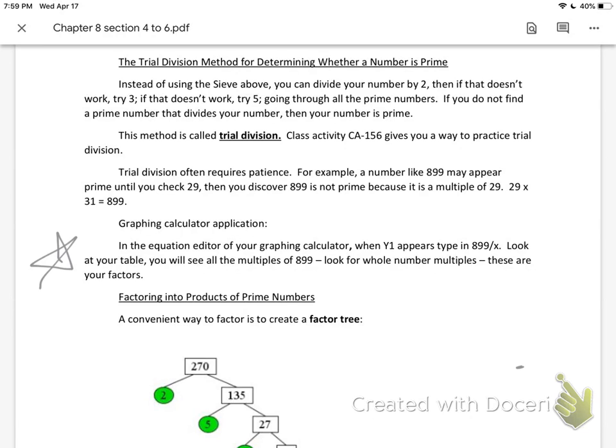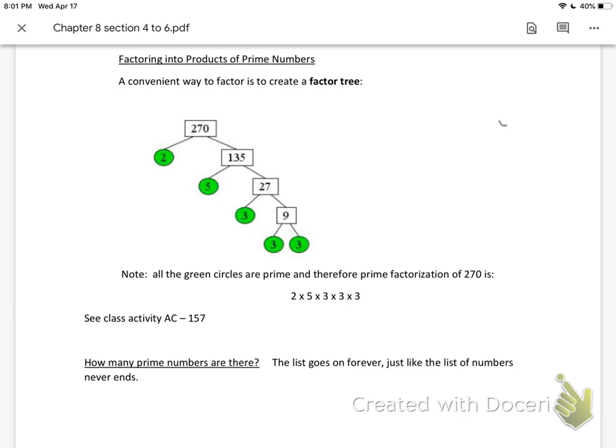Okay, we're going to talk about factoring into products of prime numbers using a factor tree on the next slide. Okay, on this slide, you are seeing factoring into products of prime numbers, and this is a convenient way to factor and create a factor tree. So all of the green numbers, they are prime factors.